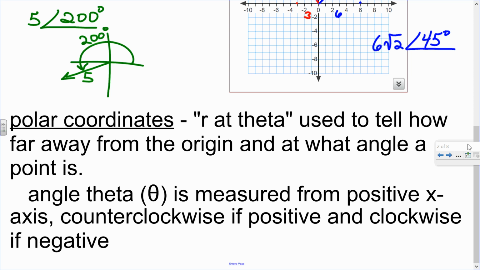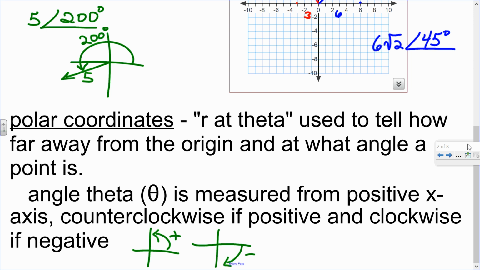We learned last year we can talk about rotating in the counterclockwise direction, which gives us a positive angle. But we also said we could start at the x-axis and go in the clockwise direction and have a negative angle.